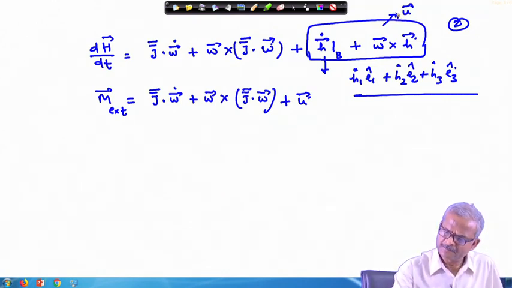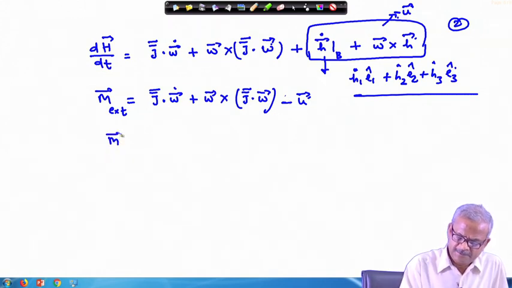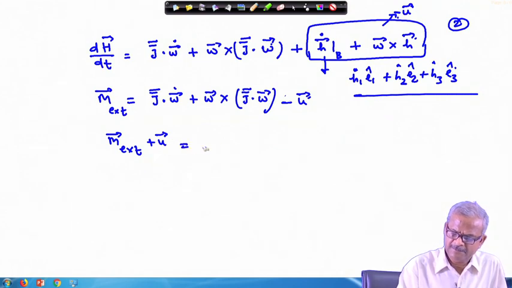So, let us make it minus u in this place. So, if we write minus u here, it will be present in this place, and we can bring it to the left hand side.